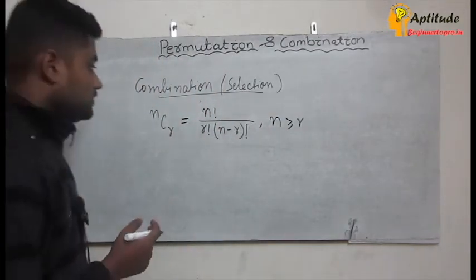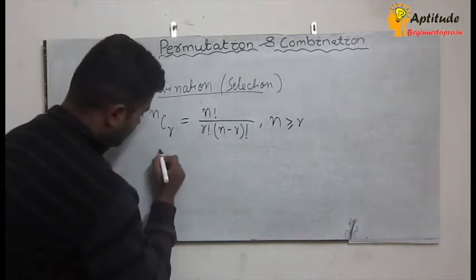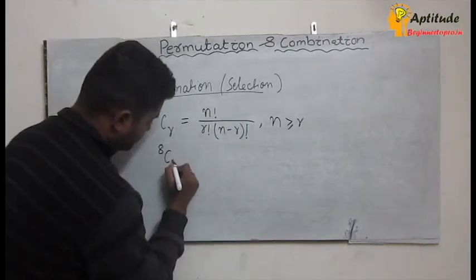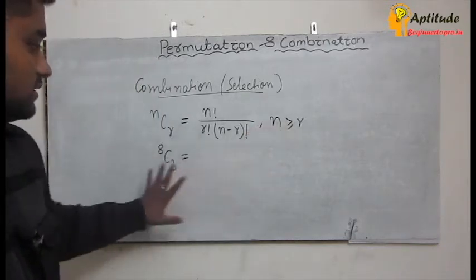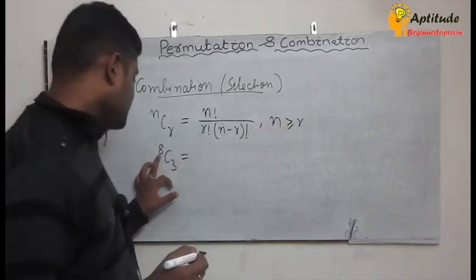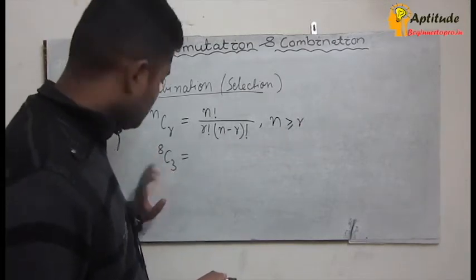Okay, so we will see through one example. If we need to calculate 8C3, the condition is true, the value of n is greater than or equal to the value of r.